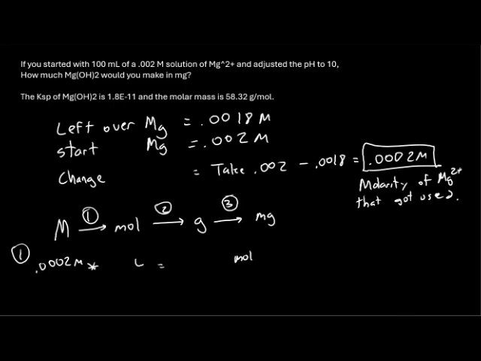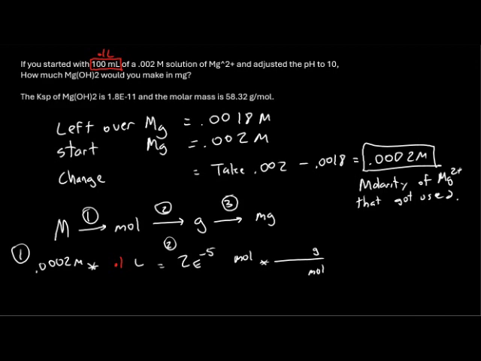Our liters are given in line 1. We were given 100 mL, which is the same thing as saying 0.1 liters. If we multiply these numbers, we'll get 2 times 10 to the negative fifth moles. For the second step of our conversion, we'll take those moles, we'll get out of moles, and get into grams.